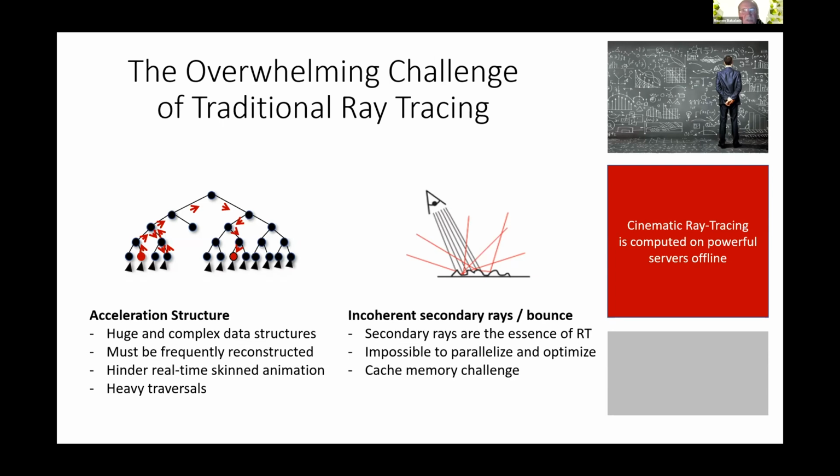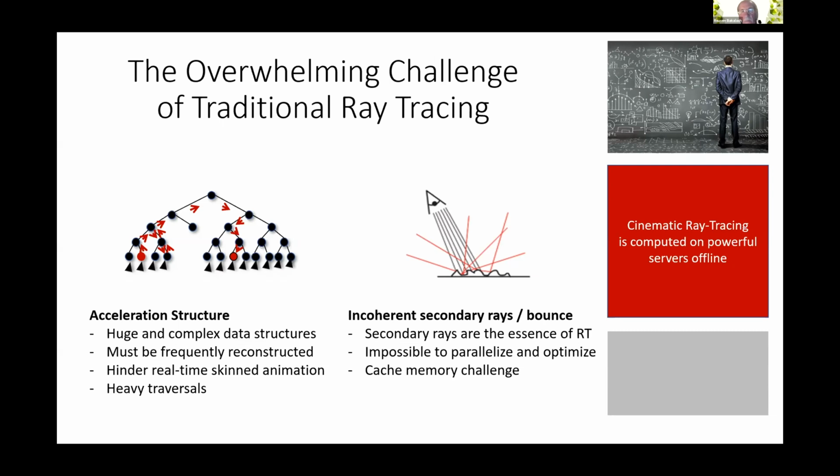Animation is actually a change of a scene. If every change of a scene must be followed by a rebuild of the accelerating structure, you cannot animate. That's the problem; it hinders animation. So we have heavy traversal, and animation is very, very difficult.